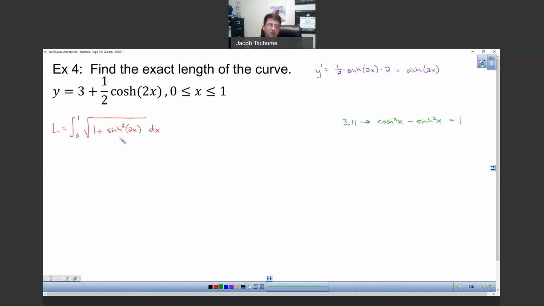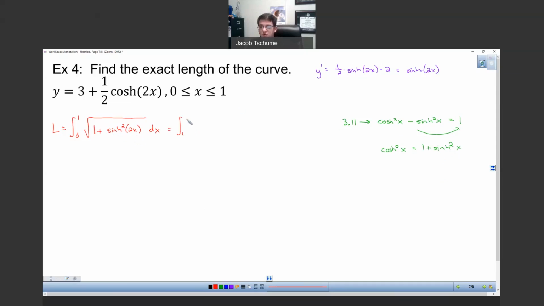Now, in my problem, I've got 1 plus a hyperbolic sine squared. So if I were to move that over, I could say that hyperbolic cosine squared of x is equal to 1 plus hyperbolic sine squared of x. The only thing to be aware of in our problem besides that is that we're doing hyperbolic sine squared of 2x. So therefore, we have to use a 2x when we do the identity.